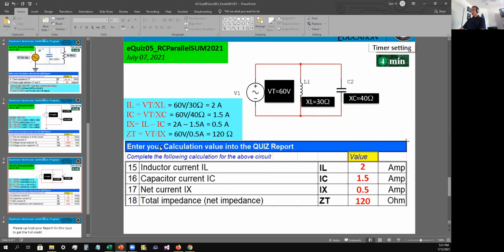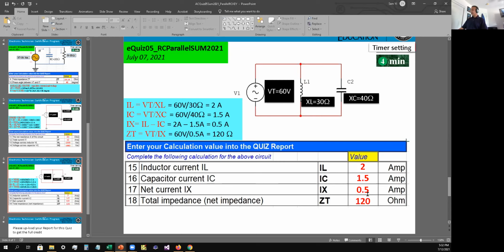Okay, the next thing we want to do is find the net IX. Now IX is going to be IL minus IC. So 2 amps minus 1.5 amps equals 0.5 amps.